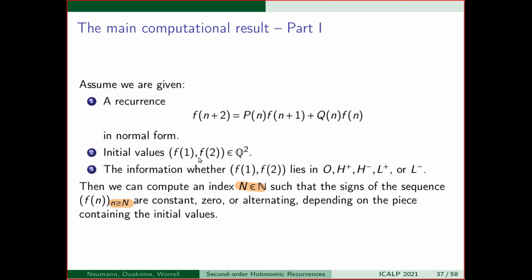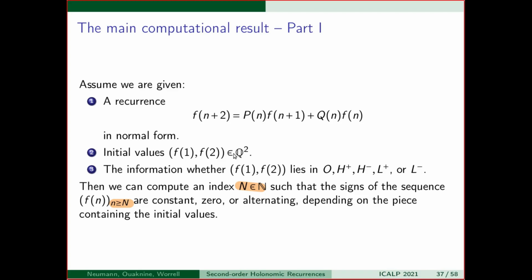So you either have constant sign, you're alternating, or you're constant equal to 0 depending on the piece which contains the initial values. So if you have this information, which piece you lie in, and an index from which point on you behave as prescribed by the piece, you know everything there is to know about the signs of your sequence, and you can answer all sorts of questions about your sequence. In particular, you can decide the positivity problem.